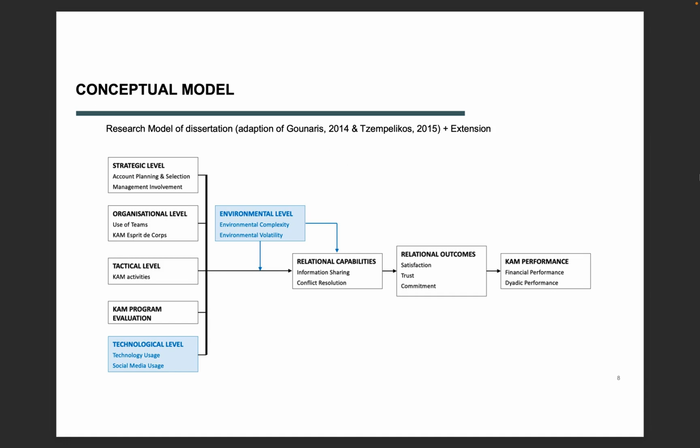And in addition, I'm adding the environmental factors as a mediating effect on the relationship between key account management practices and relational capabilities, in order to analyze what the specific impacts on this relationship are, and as well to analyze what the particular impacts of environmental levels on relational capabilities itself are.